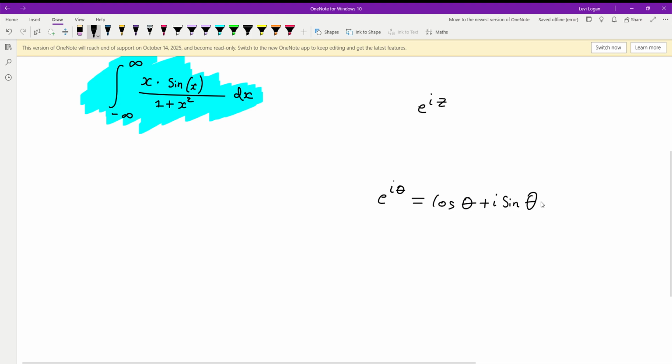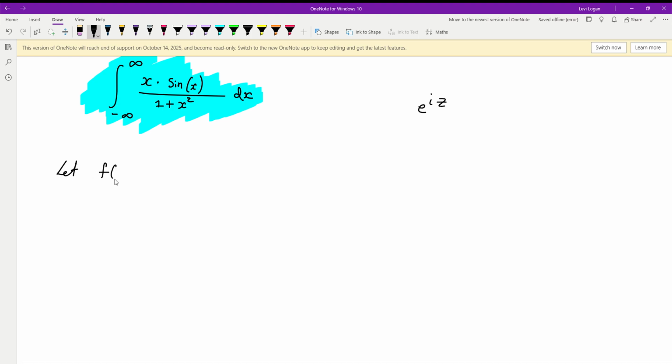So we are incorporating an aspect of sine, but we're writing it like this instead because we can use this later on, okay? So all we do is rewrite that function in terms of z. So we go, alright, let f of z equal z times e to the i z divided by 1 plus z squared.